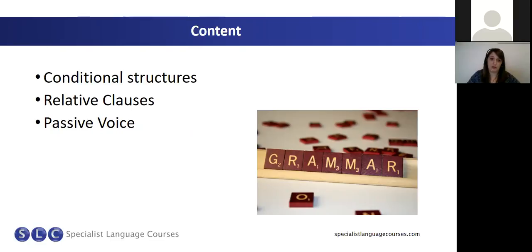And we're also going to look at passive voice, and again we're looking at particular phrases that you can use in writing to help expand your grammatical range. In a band 7 and above, the examiners are looking for a wide range of structures and precise use.